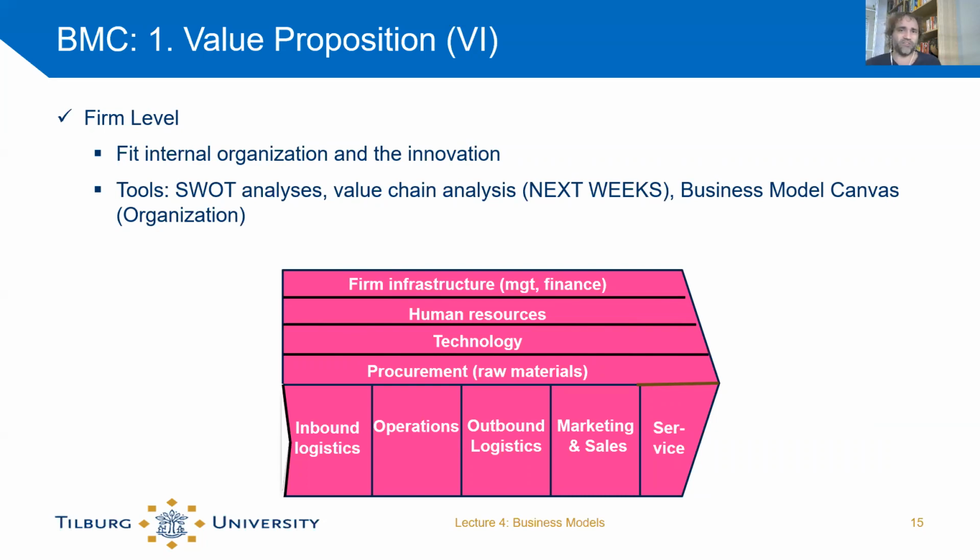So how does the innovation fit within the whole of the organization? There are several tools to think about the value proposition at the firm level as well. We will also discuss them in the coming weeks.